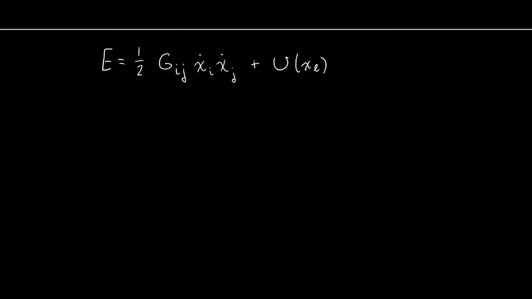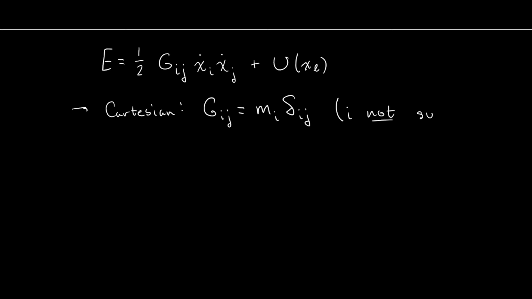Now, there's a very good reason why I introduced this matrix, but in Cartesian coordinates, the elements of the G matrix are just given by the mass of the ith element times delta ij, where in this case i is not summed.